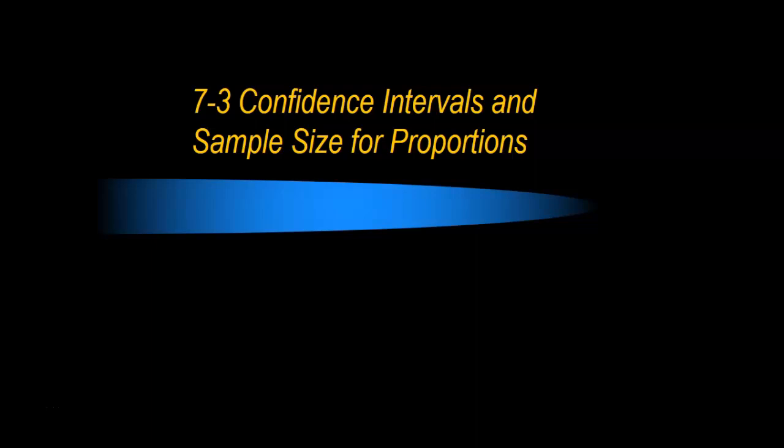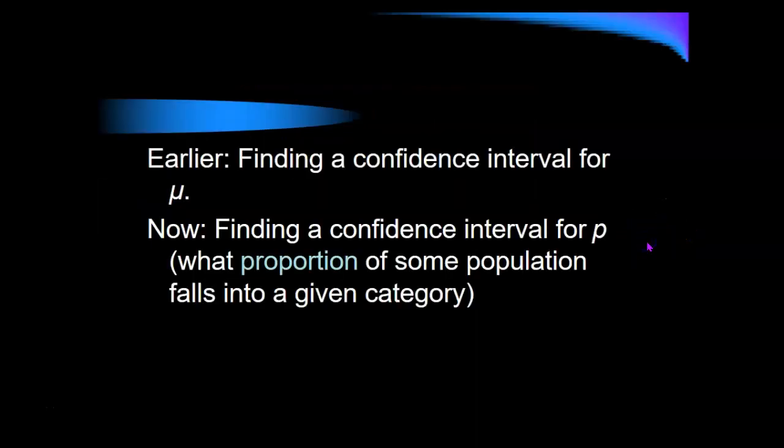We've been talking about confidence intervals and sample size, but so far for means, to try to estimate the mean or the average of something, like the average weight of all the pink elephants in the world.